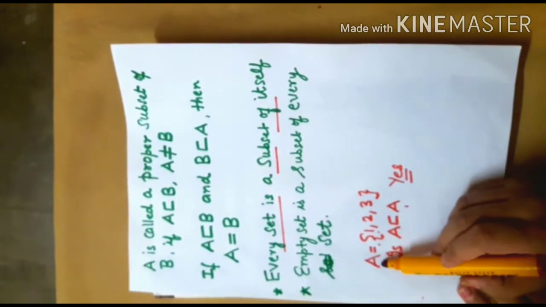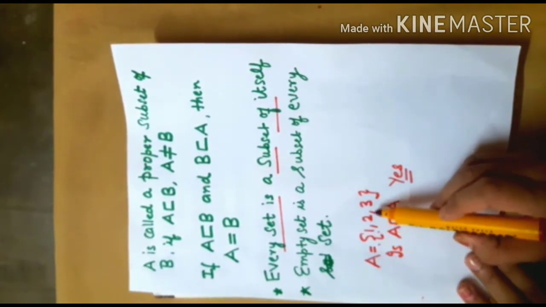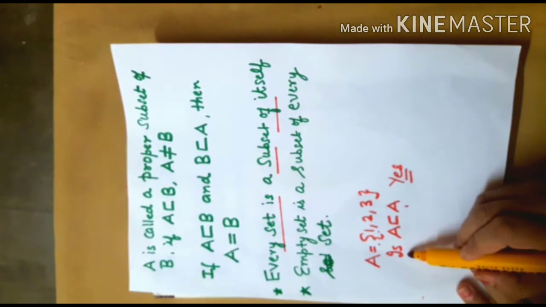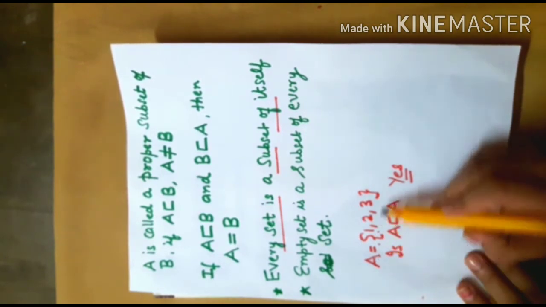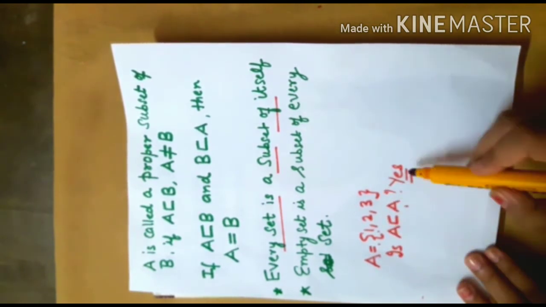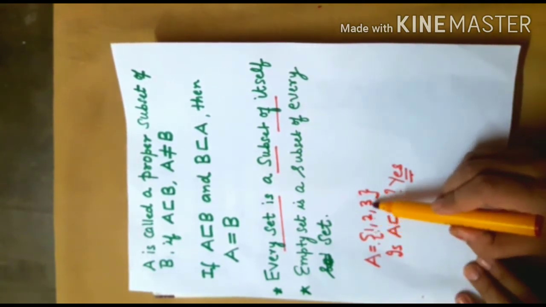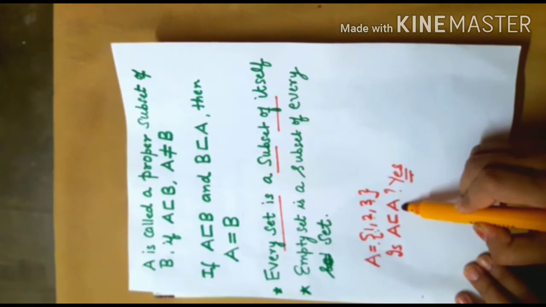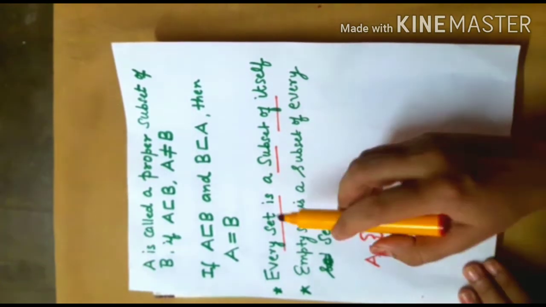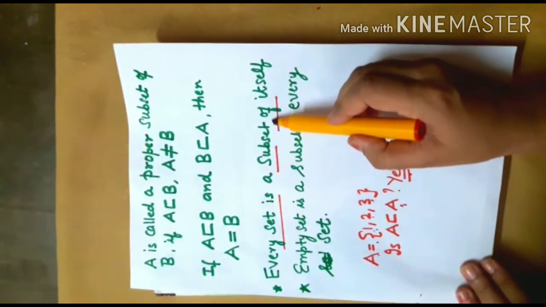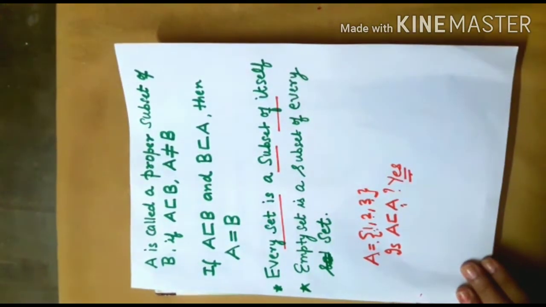Now consider the set A with elements 1, 2, 3. If I ask you, is A a subset of A? Answer is yes, because every element of the set A will be an element of the set A. So every set is a subset of itself.